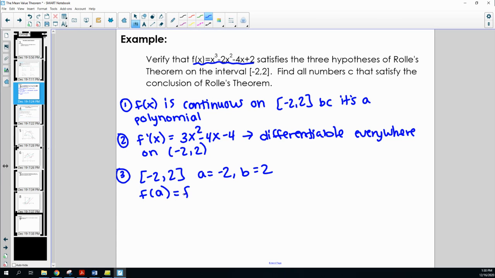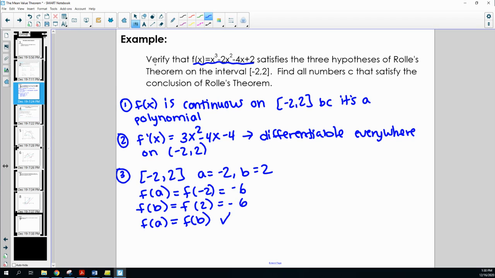So that's going to be f of -2. I'm going to plug -2 into my original function, and that's going to give me -6. So now I'm going to find f of b, which is f of 2. I'm going to plug 2 into my original function, and this is also going to give me -6. So this is proving that f of a is equal to f of b, because -6 is equal to -6.